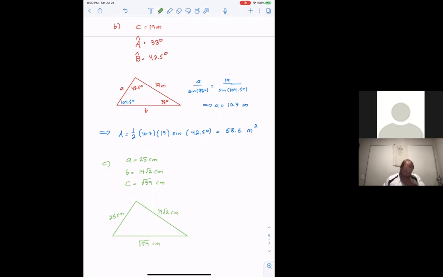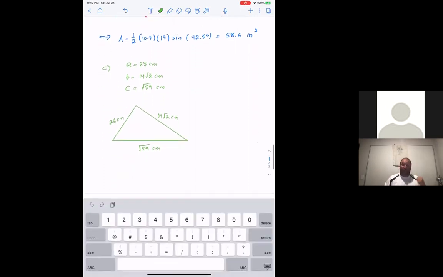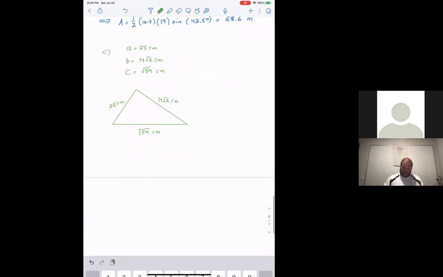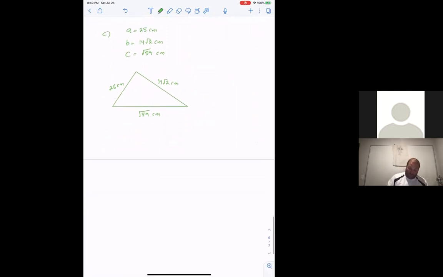I need an angle. I have all 3 sides. This is a job for the law of cosines. Doesn't make a difference which angle. I'll just get this one down here.